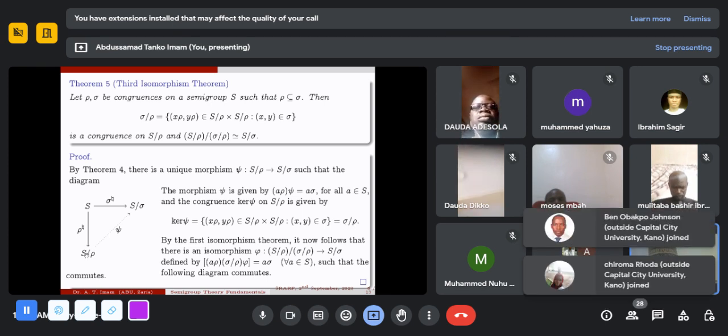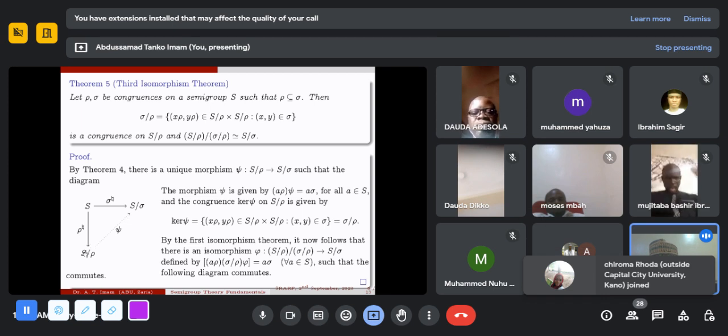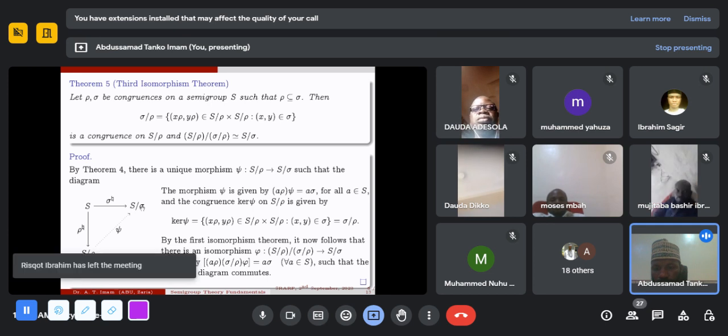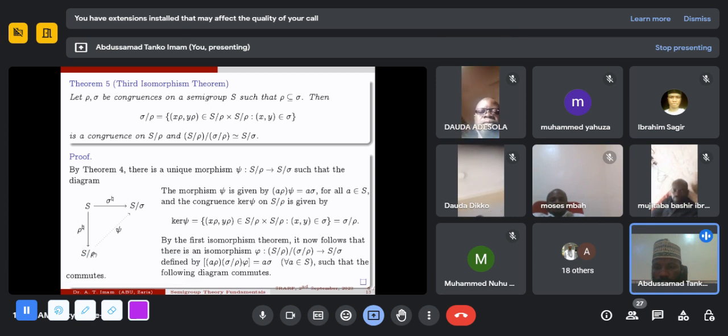And so if I now look at this mapping here, psi, and I see it as I have a semigroup and a semigroup homomorphism into another semigroup, then I can talk of kernel of this mapping so that I have a third semigroup, which is the quotient of S by rho by the kernel of this mapping.